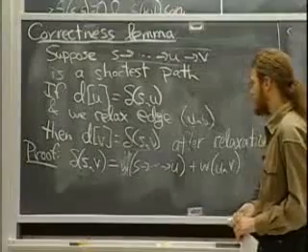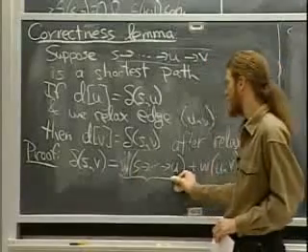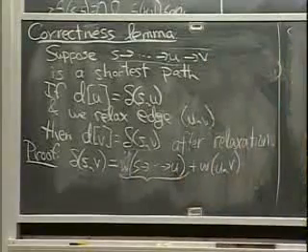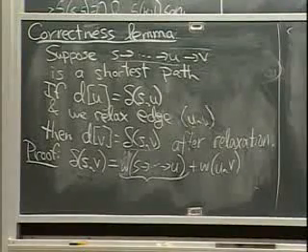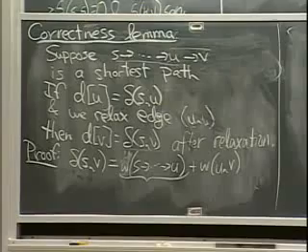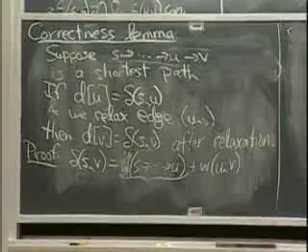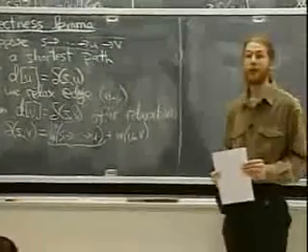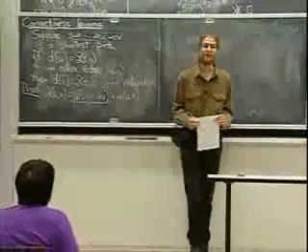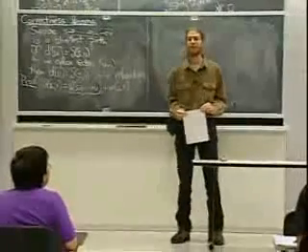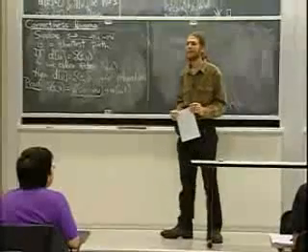So what is the weight of this path from s to u? What property should I use to figure out what that value is? Well, we said it was the shortest path, right?